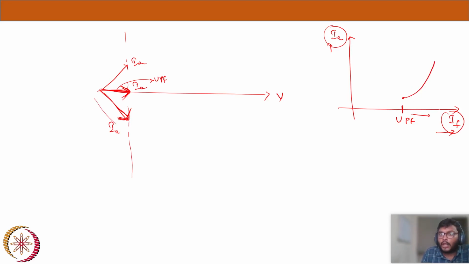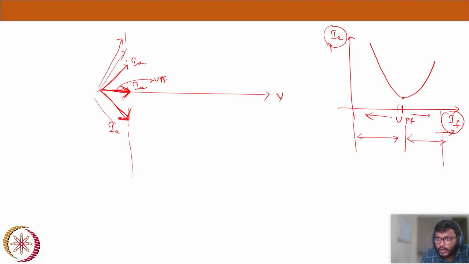Now behind this point, if you reduce the field current, even then your Ia would go up. The length of Ia would increase. Here also you will have an increase. So all this area is one area and all this area is another area. So this is the unity power factor.